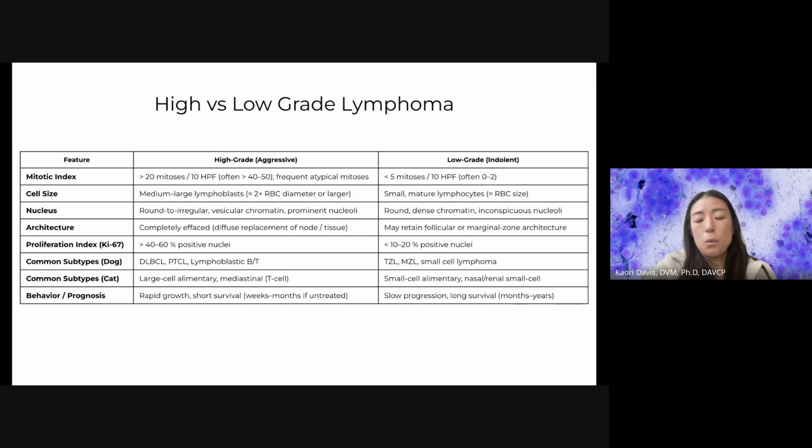So the cell or nucleus size can be irregular, and the chromatin is open and delicate because these cells are rapidly and actively dividing, and they often have prominent nucleoli. But those are not as common in low-grade lymphomas. The low-grade lymphomas usually have round and kind of unremarkable shaped cells. The chromatin is usually dense, and nucleoli are not really prominent.